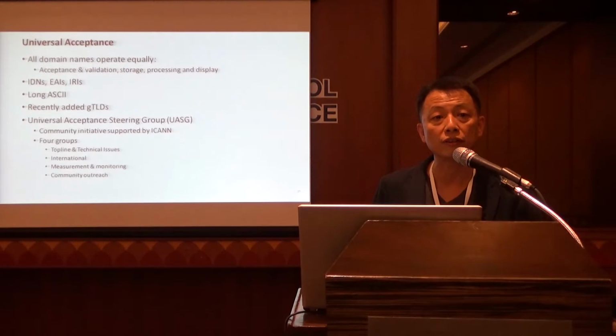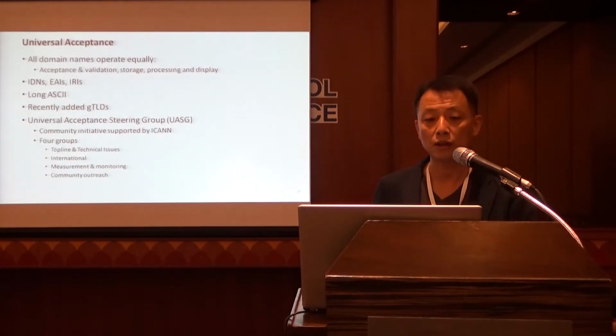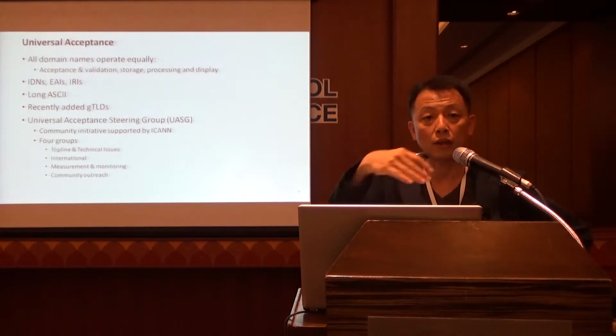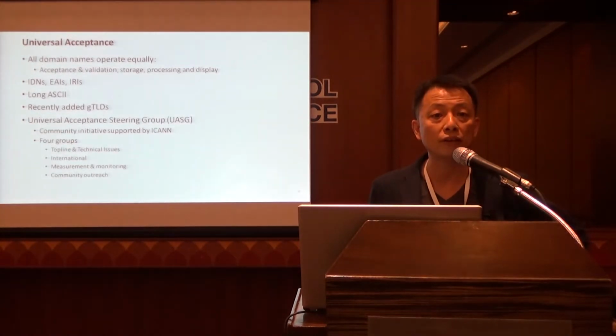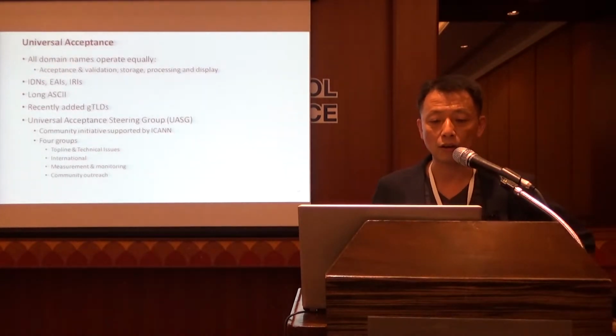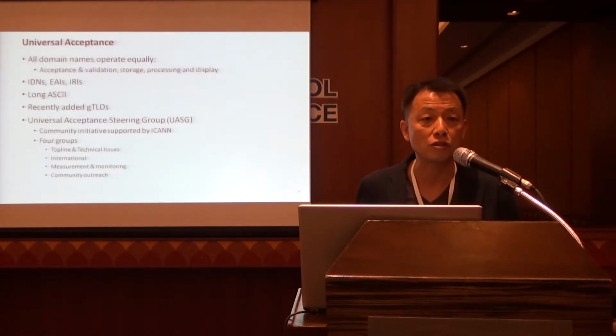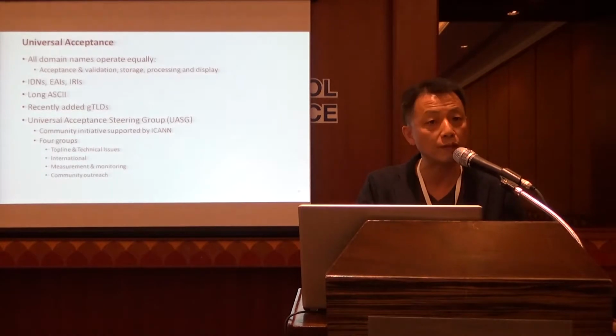You need to deploy the service across different service components. So universal acceptance tries to validate each part of the service components. They fulfill the requirement to support IDN or EAI or IRI, internationalized resource identifier, and make sure all the multilingual efforts can happen in different applications from different regions.